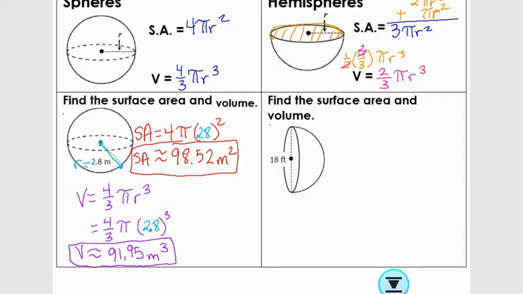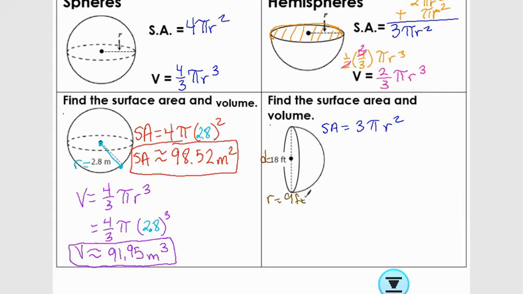Okay, so we want to try surface area and volume. Our surface area is going to be 3 pi r squared. Again, this time they gave us a diameter. If that's the diameter, can you tell me what the radius would be? You betcha. If the diameter is 18, then my radius is just half of that, or 9 feet.